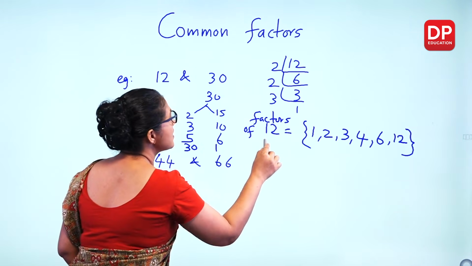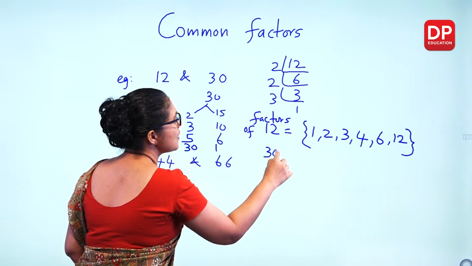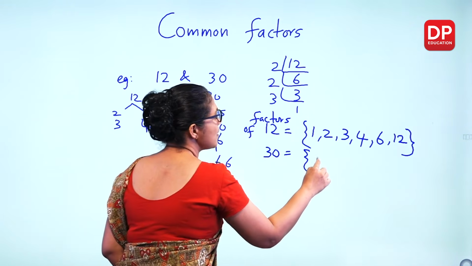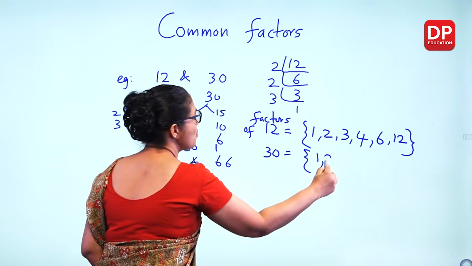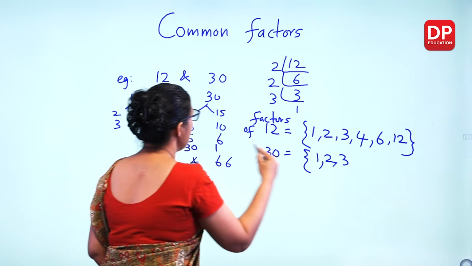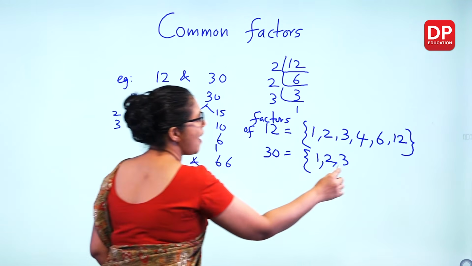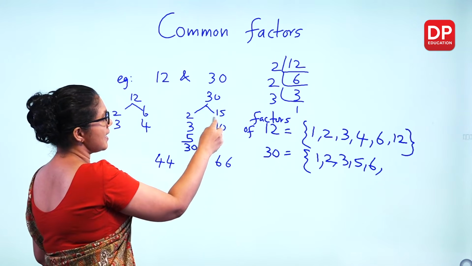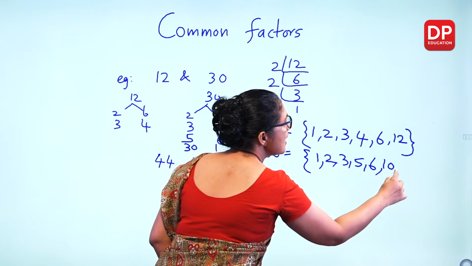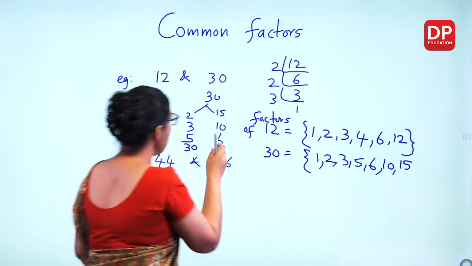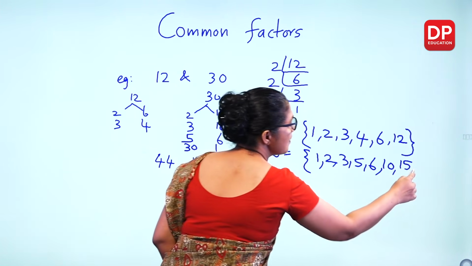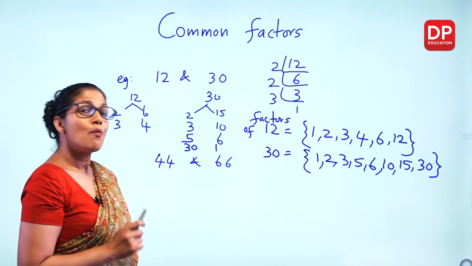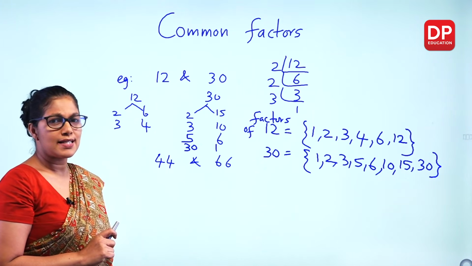If I take the factors of 30, I can write starting with 1, 2, 3, and 4 is not there, 5, 6. What else? I can see 10, 15 and 30. Now look carefully and see what the common factors are.